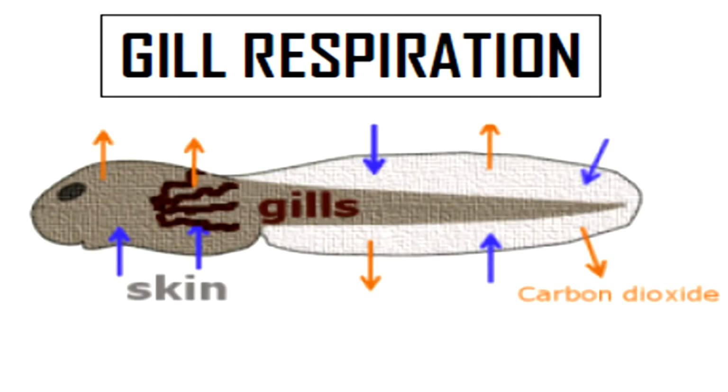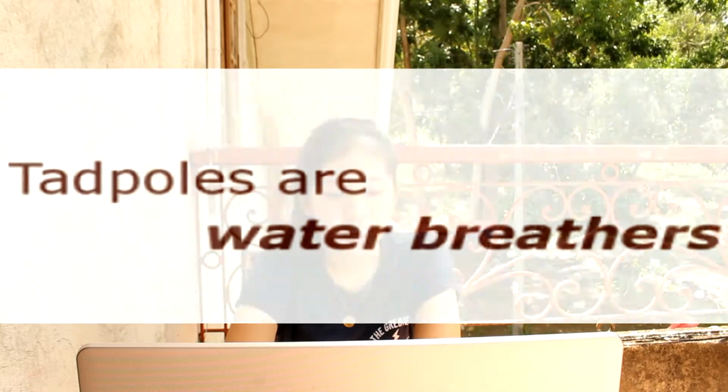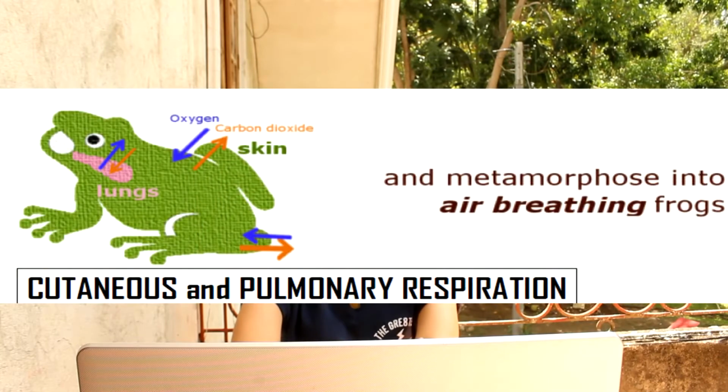Frogs also have gill respiration, which is when they are tadpoles. They are water breathers and they have gills. Their respiration is also divided into two, because frogs go from tadpoles to frogs, metamorphosing into air breathing frogs, so they breathe air. The two mechanisms of respiration are called cutaneous and pulmonary respiration.